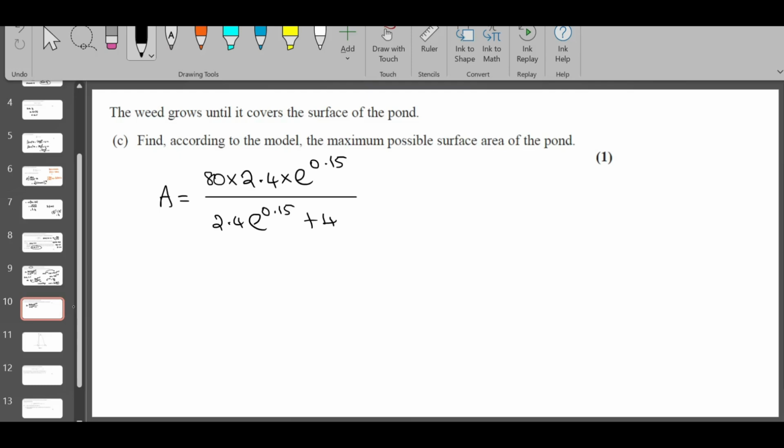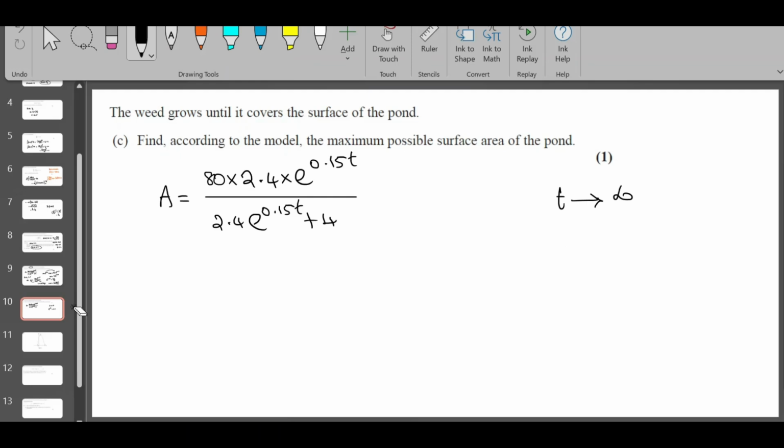Oh, that is t also in the power. To find the maximum value or the upper limit, you need to find out what happens when t tends to infinity. So in order to do that, it has to be e power minus t. So if t tends to infinity, e power minus infinity tends to 0. So you need to have e power minus t.